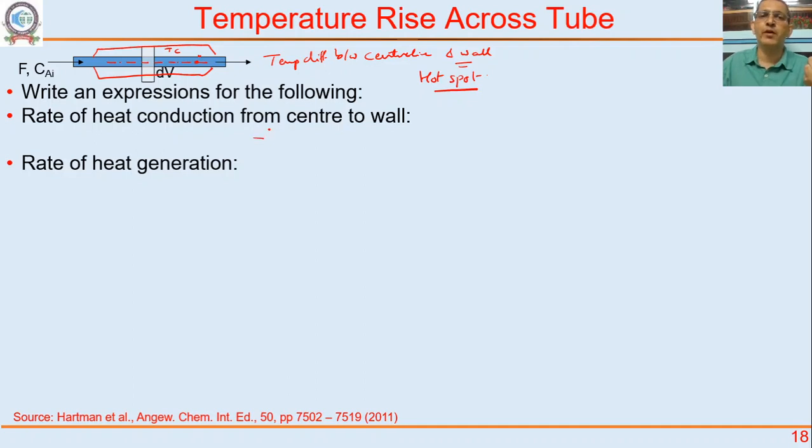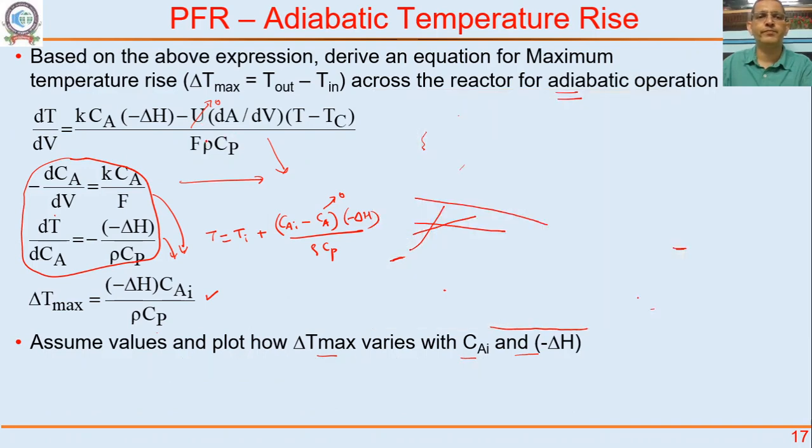Heat conduction, Fourier's law: minus K dT by dx times area, or flux, if you write, is just minus K dT by dx. Rate of heat generation, we have written enough number of times.